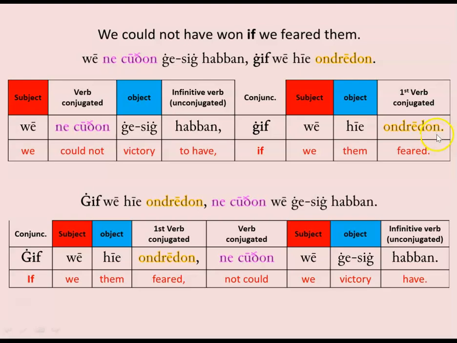Now what we want to do is take that subordinate clause, that secondary clause, that dependent clause, and shift it to the front. So we take the whole lot as is, we don't change anything, and stick it all on the front, put a comma in. So if we him on ondredon, nothing's changed.